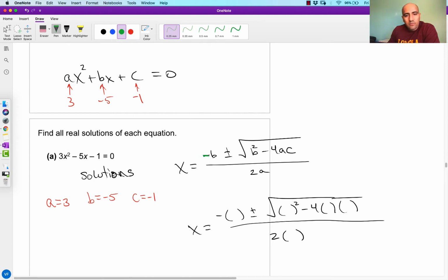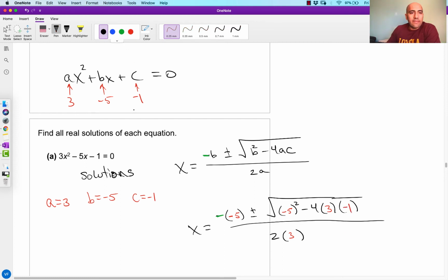The formula comes with a negative b there, but in this case, the b has its own sign of negative, so it'll be a negative times a negative situation. So -5 there, and then -5 in here. The a is a 3, so we end up with a 3 there and a 3 there. And then the c is a -1, so we put a -1 in there.